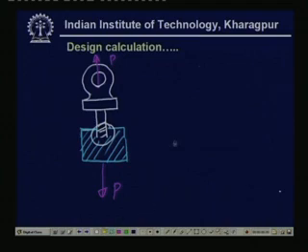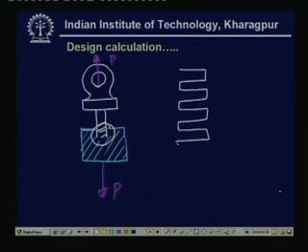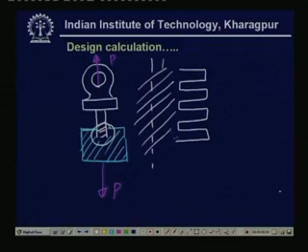So, if you draw, so if I consider this to be something like the screw profile, of course I have not drawn the taper and the exact thread geometry, but for a rough estimate it does not matter, and the force is acting over here.